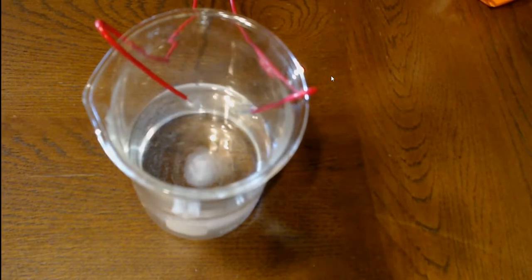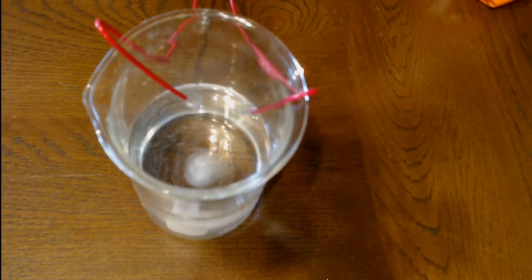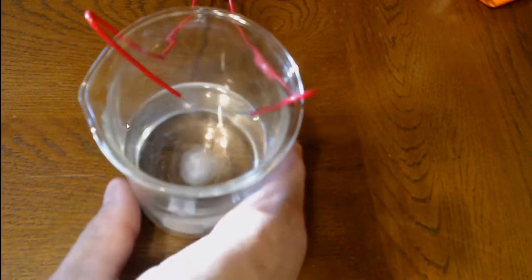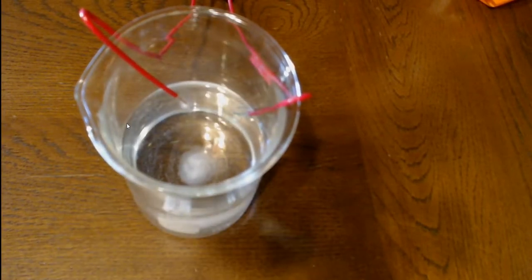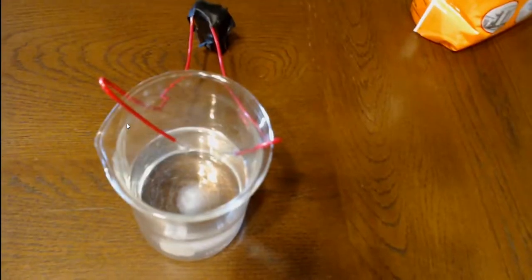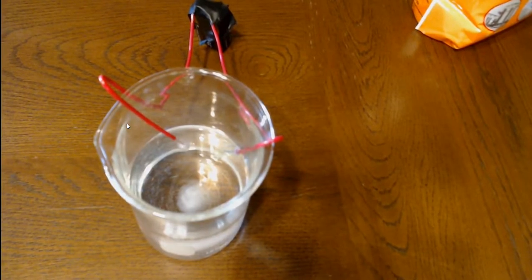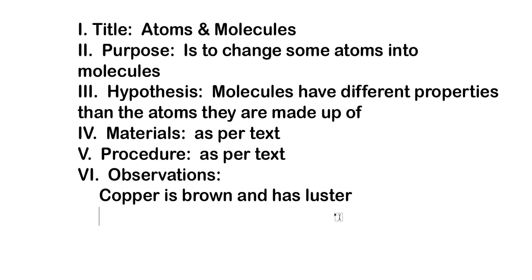That's our next observation. So let's go back to the lab. I wish I could focus that a little bit better. If we back off just a little bit, that's not too bad, but you can see the bubbles right here. See some bubbles right there. Okay. So go back to our lab notebook.